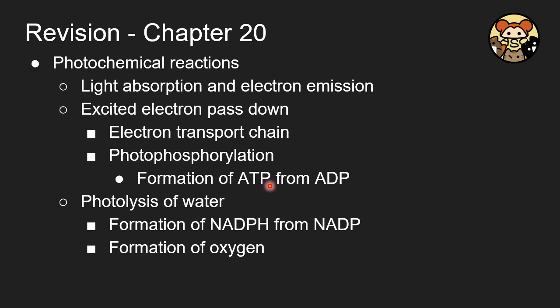That is, if we're talking about the energy in cell, we will talk about ATP. And then the photolysis of water will also lead to the formation of NADPH and also the oxygen, because water contains H2O, and then the oxygen becomes the oxygen gas, and then the H will be combined with the NADP to form NADPH.